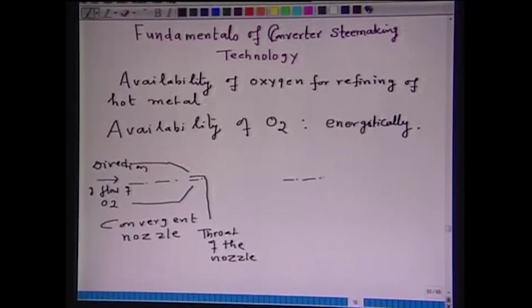Another type of nozzle is a convergent divergent nozzle, which has been sketched over here. This is the convergent portion and this is the divergent portion.